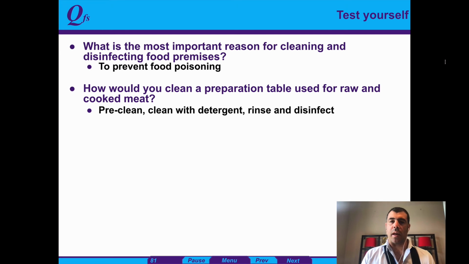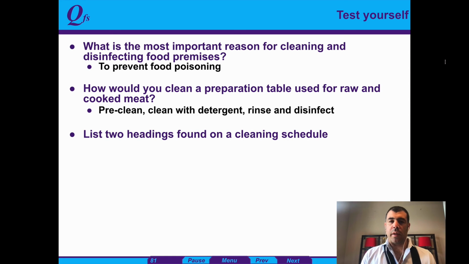Then we rinse and we disinfect. And then we let it air dry, or we use a disposable paper towel. The process of cleaning is always the same: pre-clean, then detergent, then rinse, then disinfect, then air dry or use a disposable paper towel. Or we can combine disinfecting and cleaning using a sanitizer.